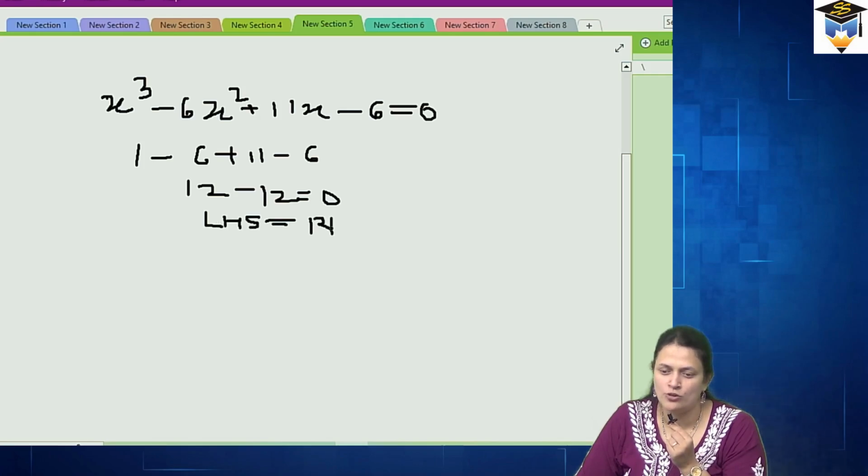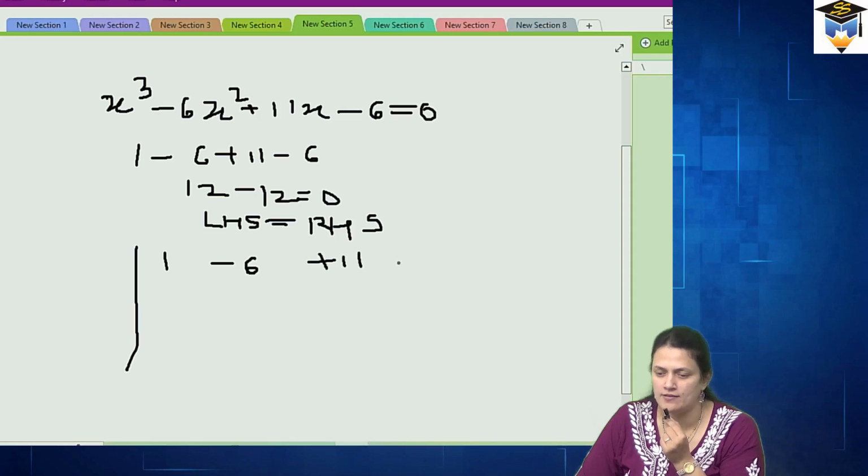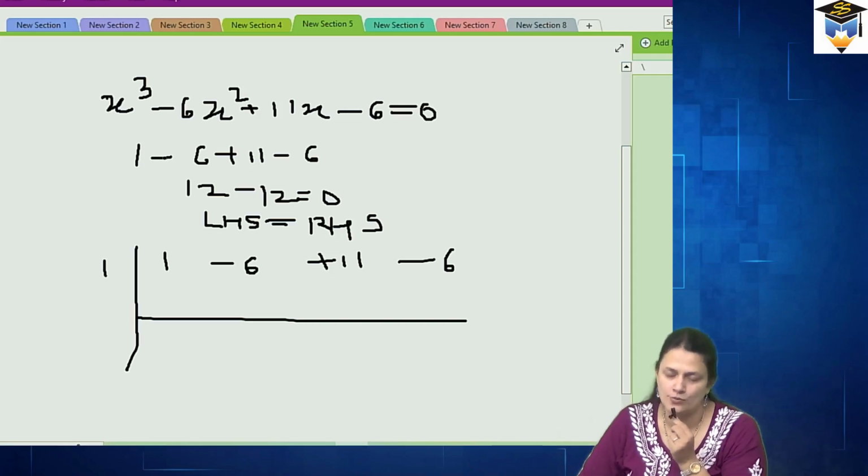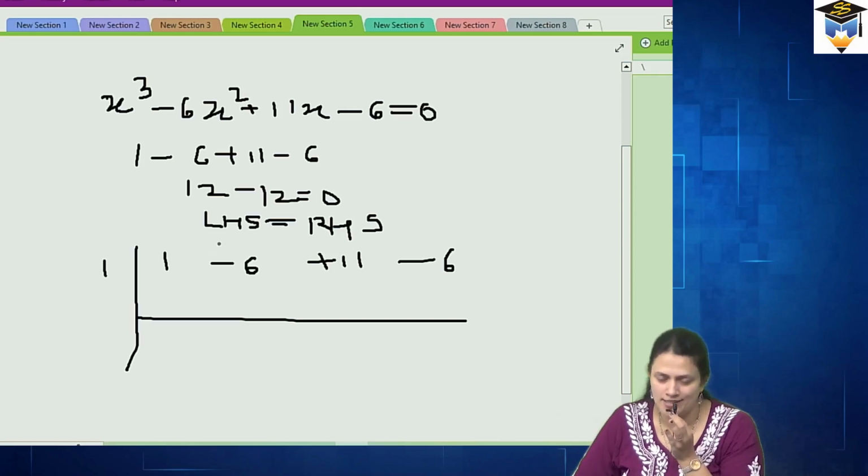So I have shown you this method to solve the cubic expression. What is the coefficient of x cube? 1, minus 6, plus 11 and minus 6. So let us take 1 over here, because after we substitute the value of x as 1, you are getting LHS equal to RHS. Now this is a very easy method.